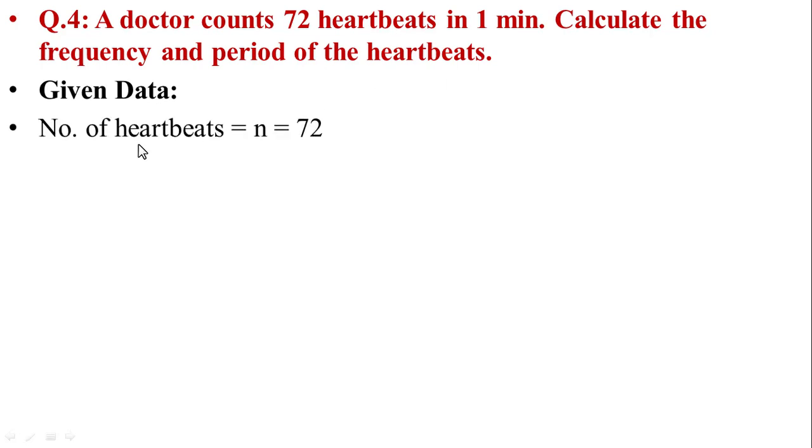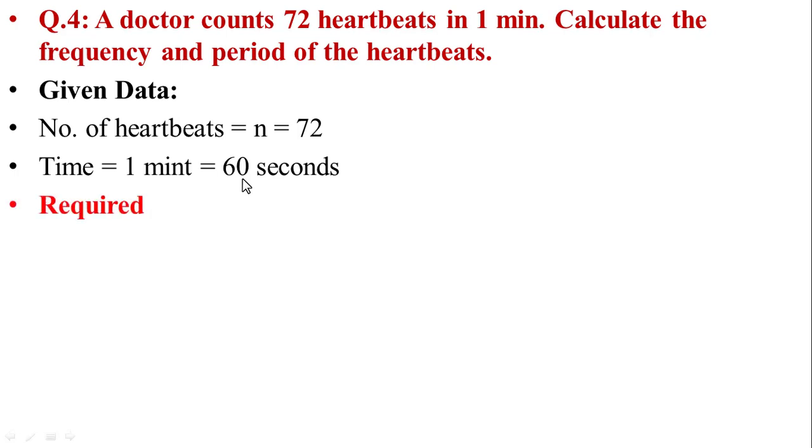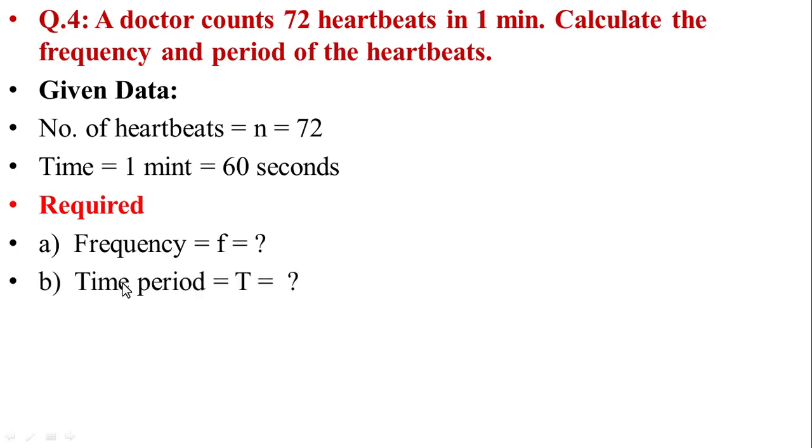Number of heartbeats n is equal to 72 and time t is equal to 1 minute, which is equal to 60 seconds. Now we calculate that frequency f is equal to question mark, and in part b we find the time period capital T is equal to question mark.